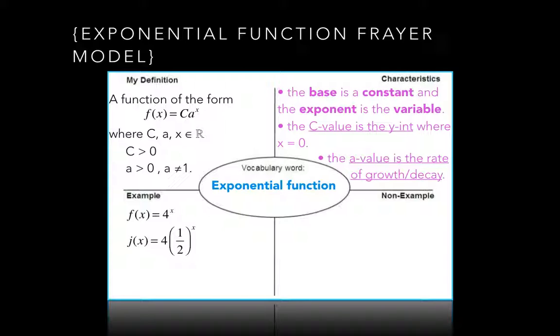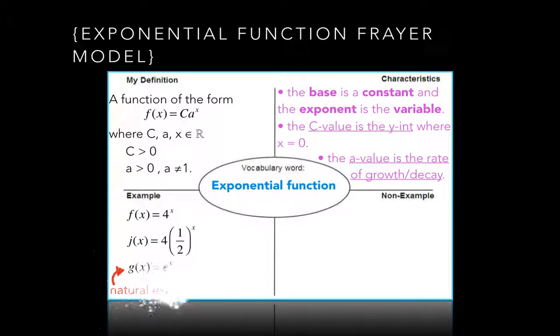Here you go, this J function, J of x, the C value here is 4. It is removed from the base, which is 1/2, and that is the only item being raised to the x power. This is an example of an exponential function.